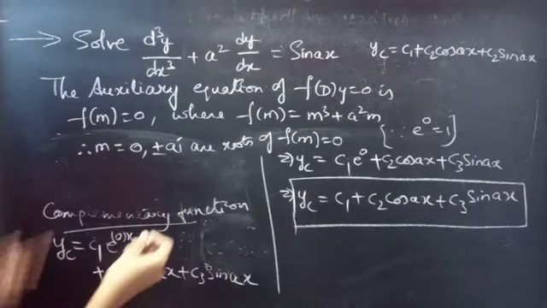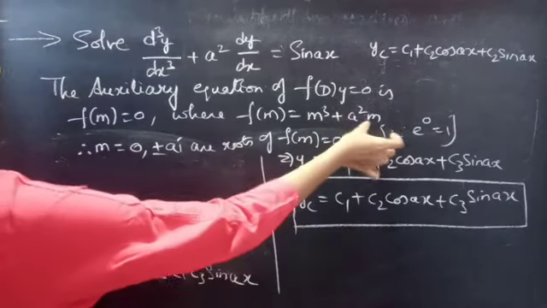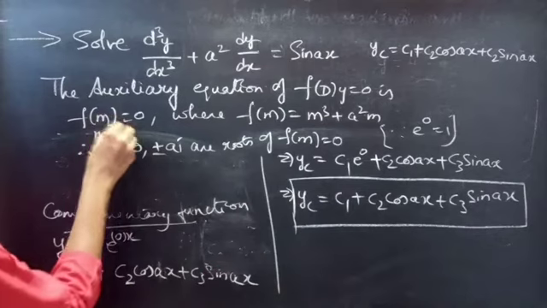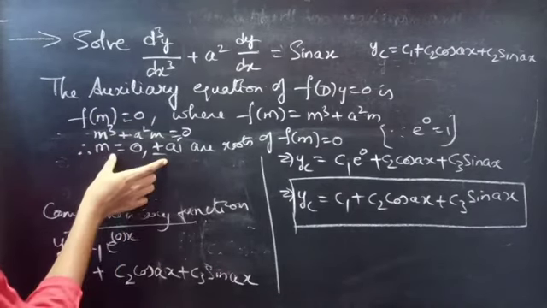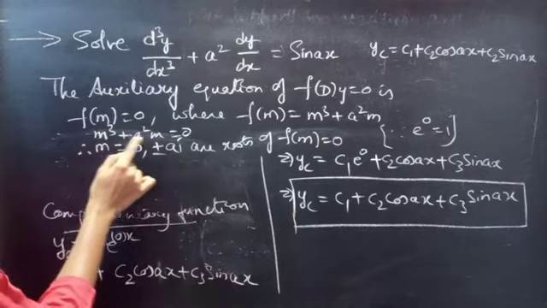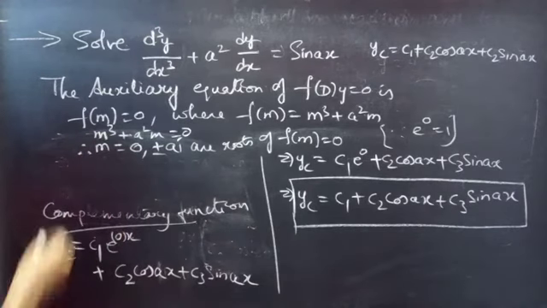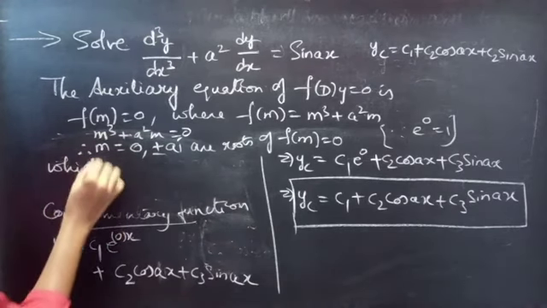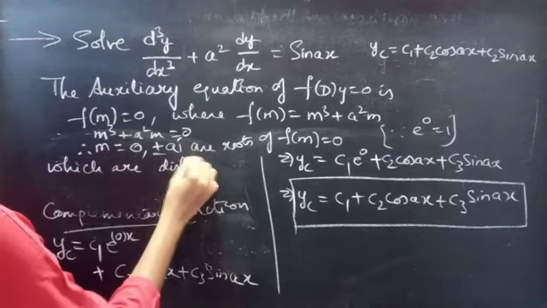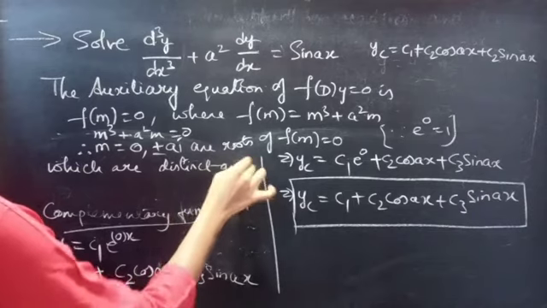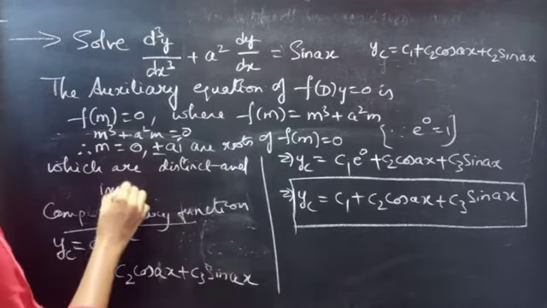F of m equals 0 is nothing but m cube plus a square m equals 0. These are the roots of m cube plus a square m equals 0, which are distinct and imaginary.